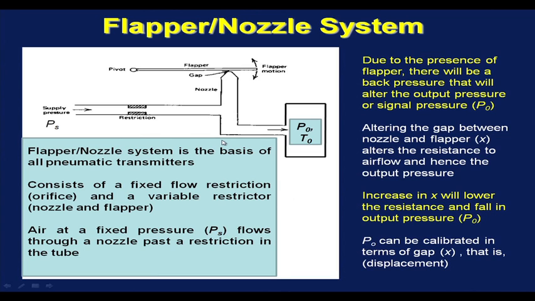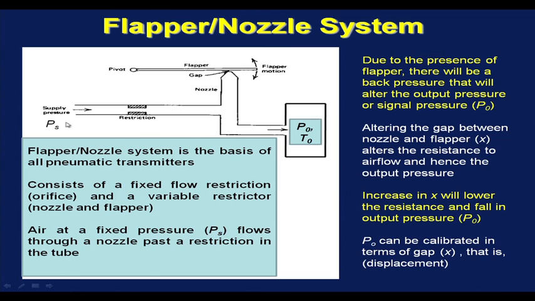Flapper nozzle system is the basis of all pneumatic transmitters. It consists of a fixed flow restriction, which is an orifice, and a variable restrictor in the form of a nozzle and flapper.